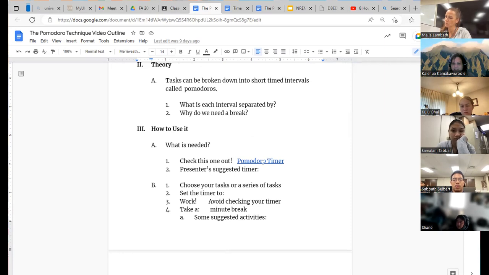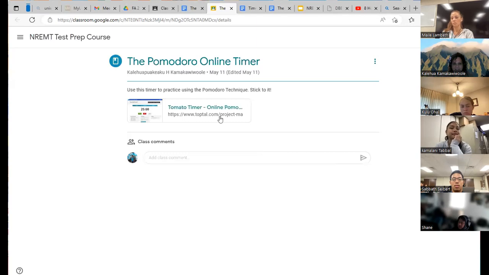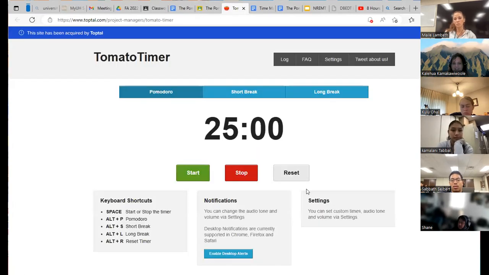So in our Google Classroom, I have posted the Pomodoro timer, and it looks like this. Okay, and you can set it to whatever you need to, right? It doesn't look like a tomato, but it's the tomato timer. So it's already set at 25, but I think you can fix it, right?